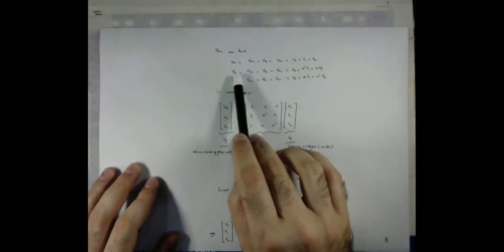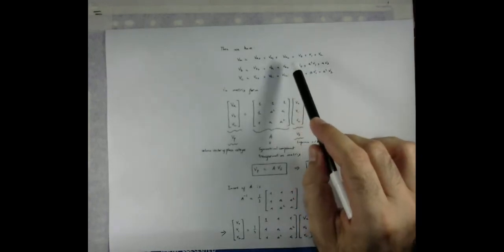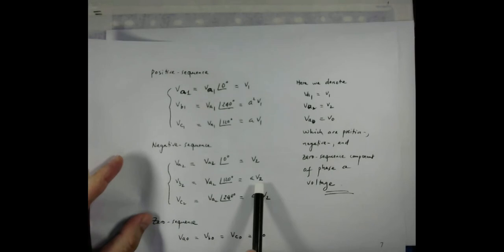So now they can be written as here. If we look here, VB1 is equal to A square V1, so we put here A square V1, and then VB2 is equal to A V2. So that we put here.